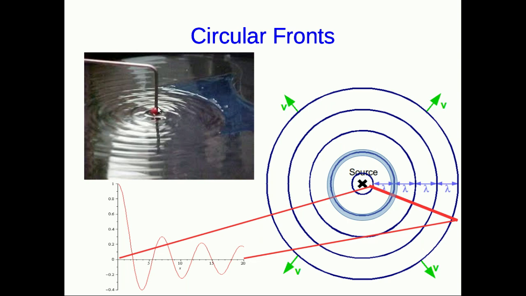The source wiggled here, and it set the water in motion, and the energy associated with that has now been carried out by this wave crest. And so the height of the crest is connected to how much energy each little bit of water has. And it has to be conserved.